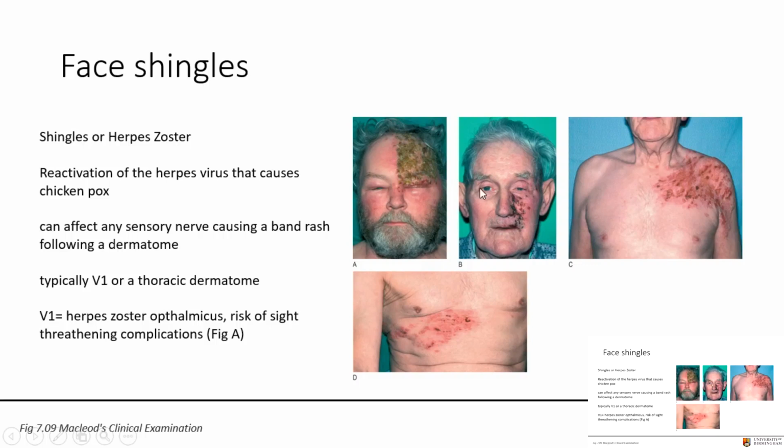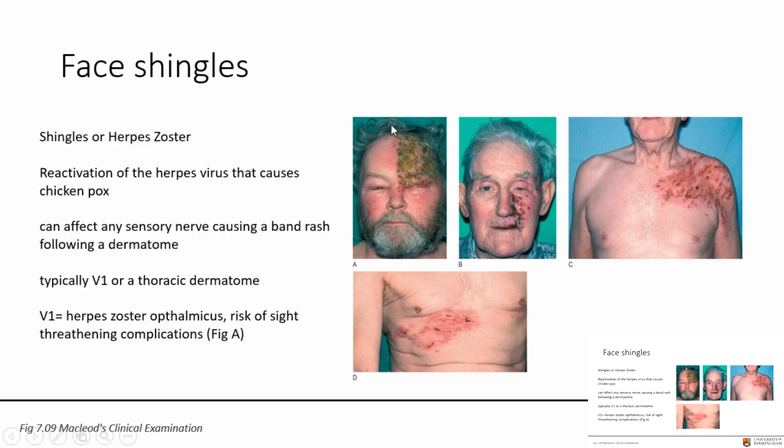They can affect any sensory nerve, causing a band of rash that will follow a dermatome. For example, in this case, it usually happens in a thoracic dermatome or in the V1 dermatome, as you can see there.